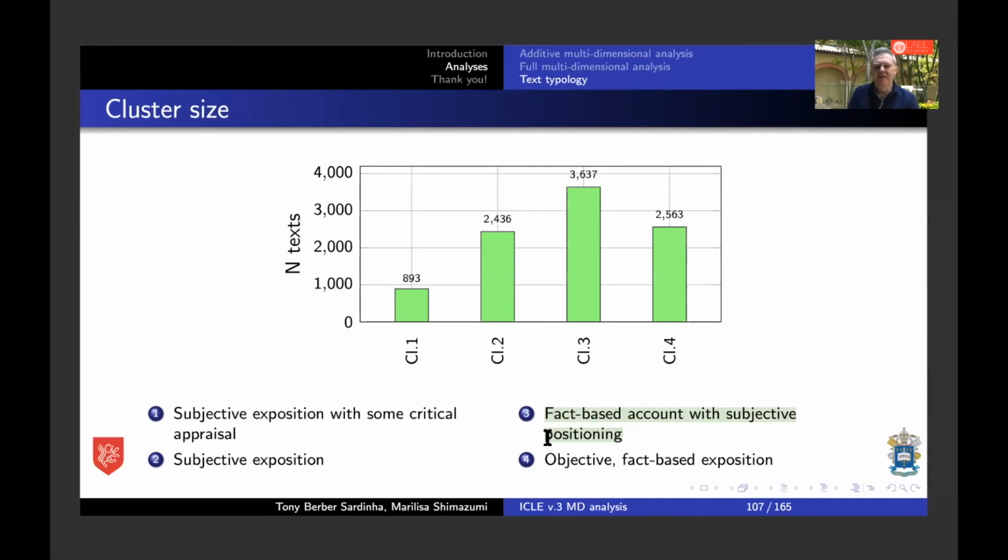Secondly, there's this hardcore objective type: I'm going to give you the facts, and here are the facts, all right? The minority one is subjective exposition. For some reason, when you ask students to write an argumentative text, they will not think of expressing themselves subjectively and giving a critical appraisal, all right?